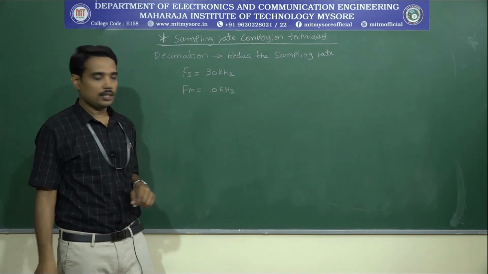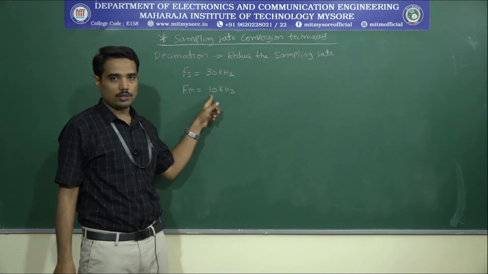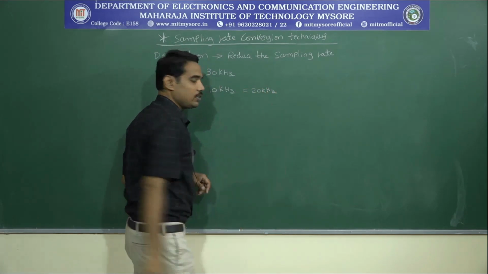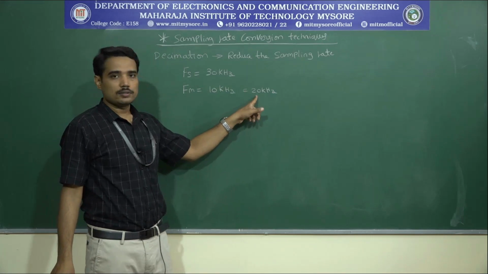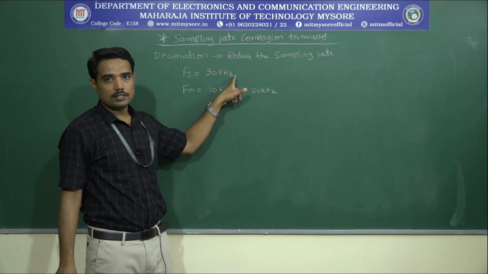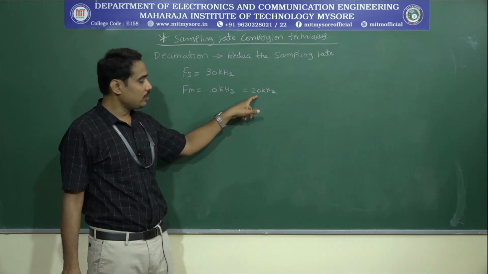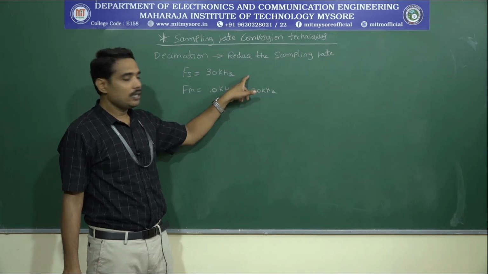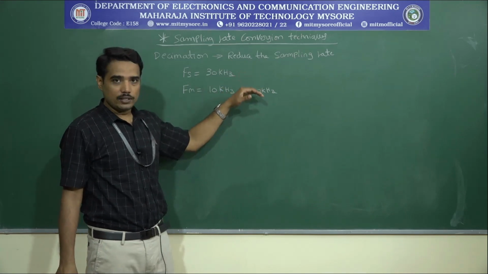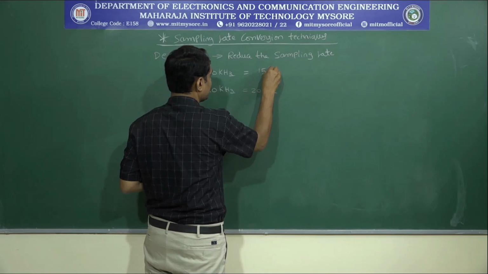For this 10 kilohertz, the sampling rate should be equal to 20 kilohertz from the Nyquist rate, twice the highest frequency component. But here the signal has already been sampled at 30 kilohertz. That is, with respect to the Nyquist rate, it is 10 kilohertz oversampled. For this 30 kilohertz, the Nyquist rate is 15 kilohertz.